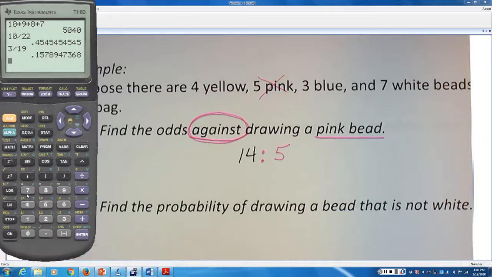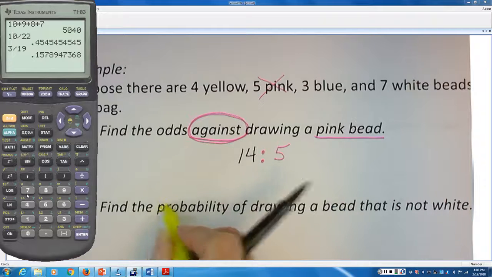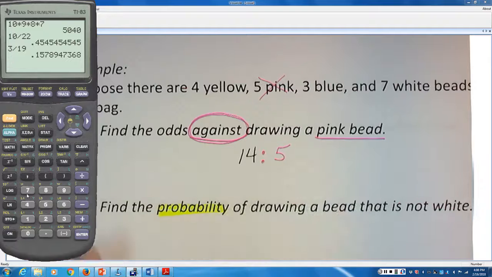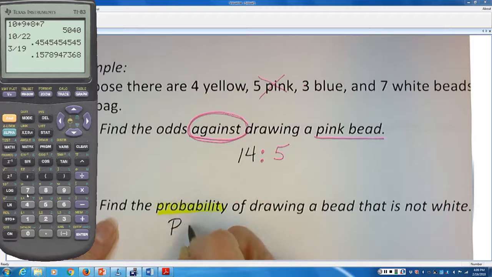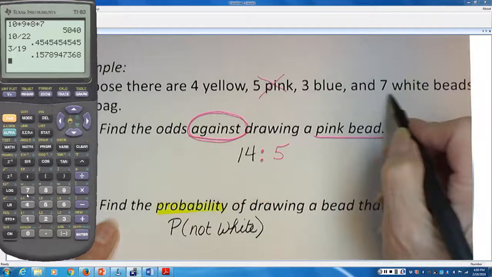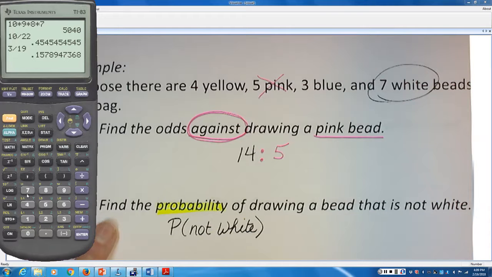And once again, be careful and watch your language. Is it odds or probability? Because this says find the probability, not the odds, probability of drawing a bead that's not white. That's everything but white. There's 7 white ones.